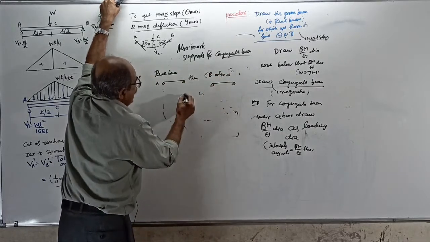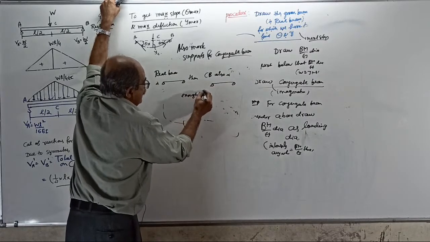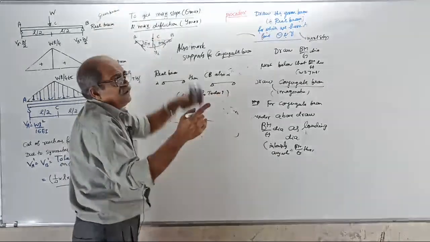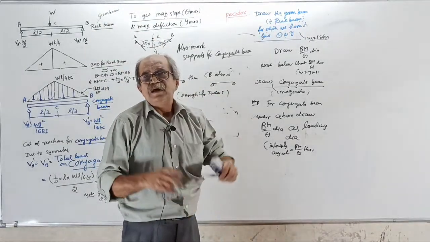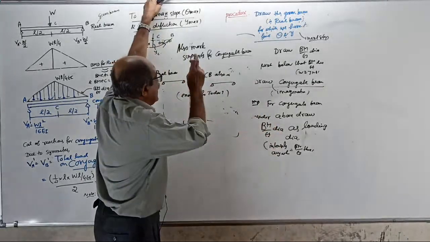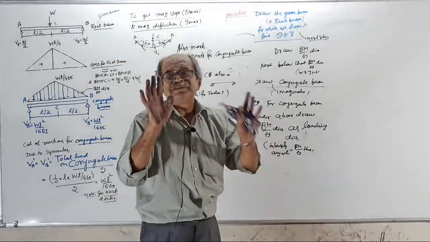Tell me, enough for today? I will tell you about cantilever, overhang later. If the real beam support is simple support, the conjugate beam support will remain the same.